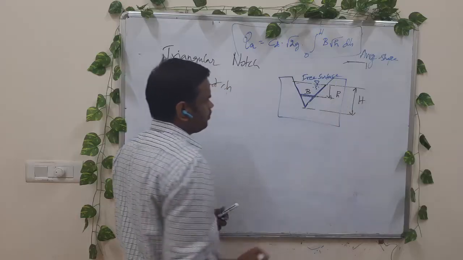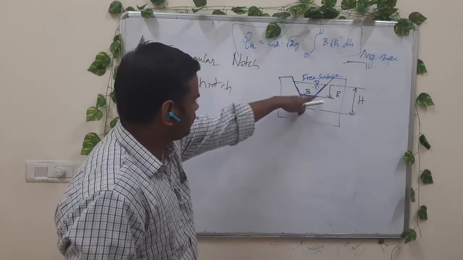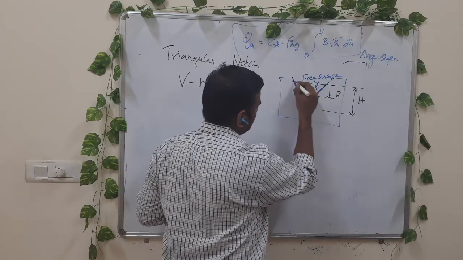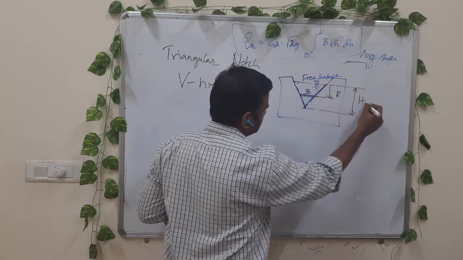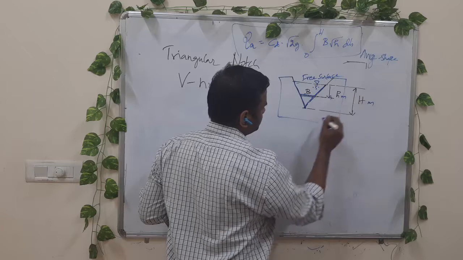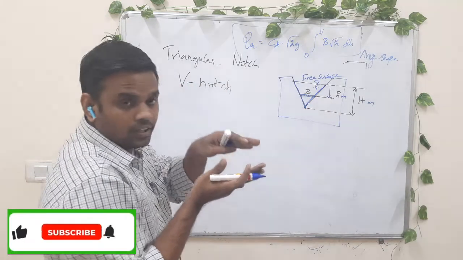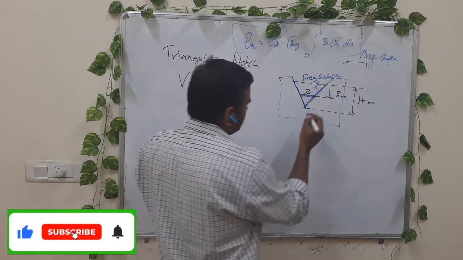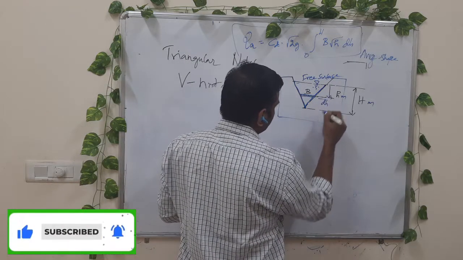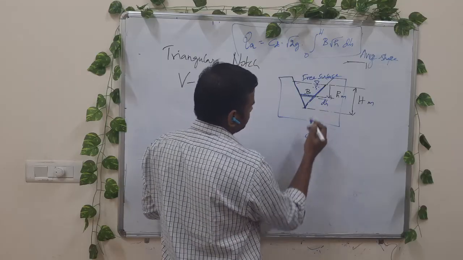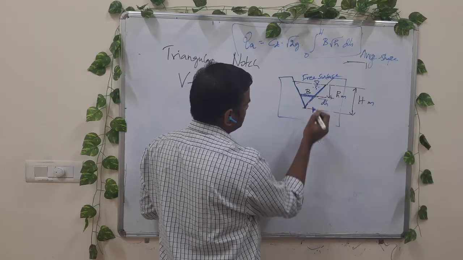Let capital H be the total height, that is from the edge to the free water surface. This is small h meters. We are considering a small fluid element of thickness dh, which is having a width of b.